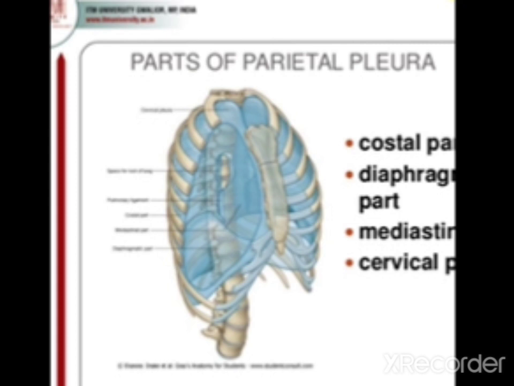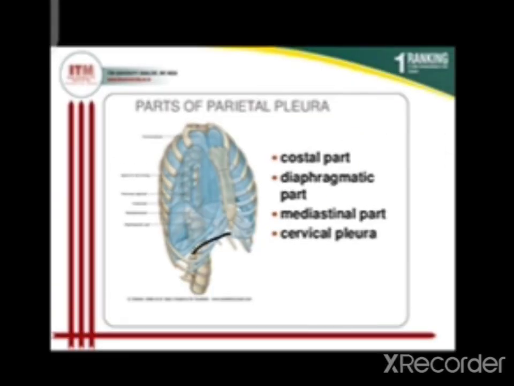The diaphragmatic part covers the diaphragm from above. Then there is the mediastinal at the median part, and at the top, at the conical area, is the cervical pleura.